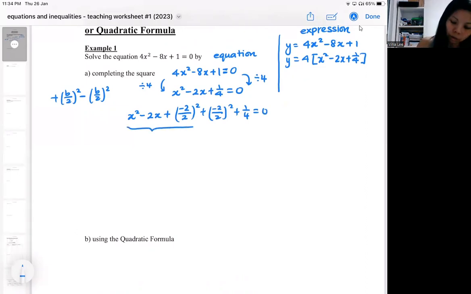Okay, this part will get you (x minus 1) squared. That's the perfect square that we had. And this part, you punch the calculator, it will give you a minus 3/4.